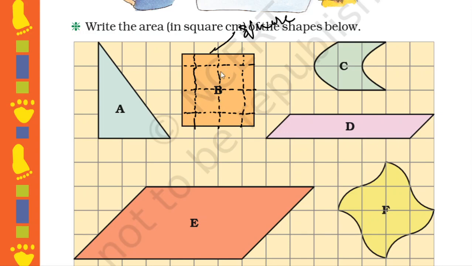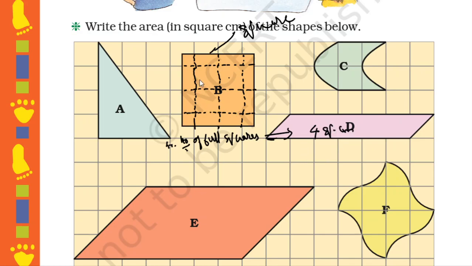Now you see, how many full squares do you find here? 1, 2, 3, 4. Therefore, the area is equal to 4 square centimeters.